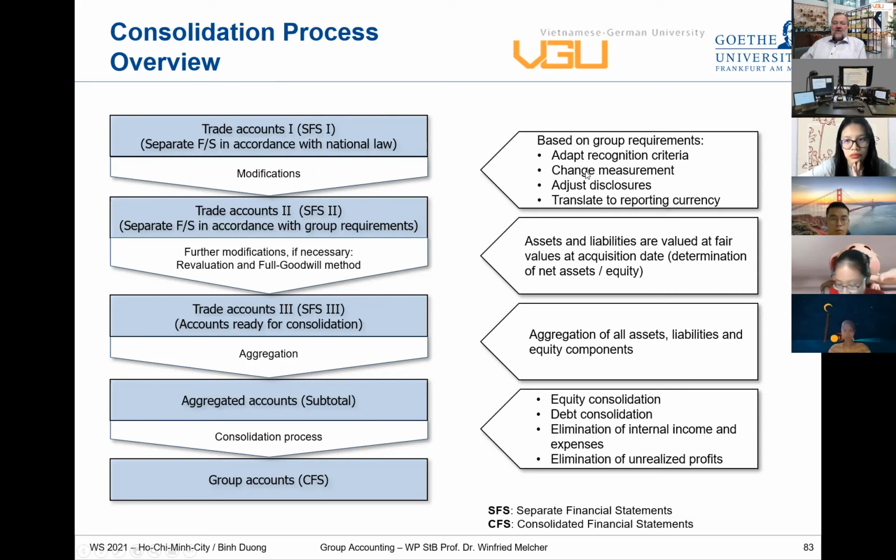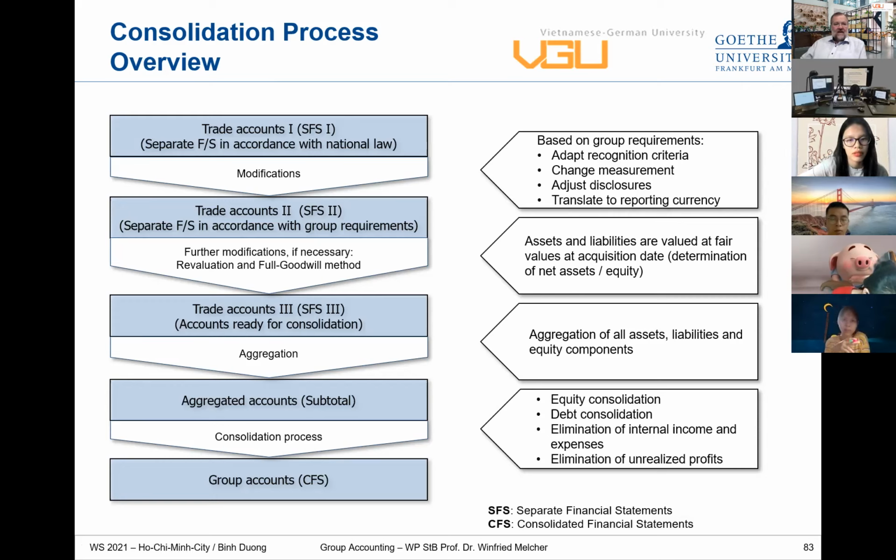Maybe you have a different measurement. So maybe in the local financial statements, you will show the inventory with the average value, and maybe under group policies, you will use the FIFO method. So you have to change the measurement of inventory to match the group requirements.